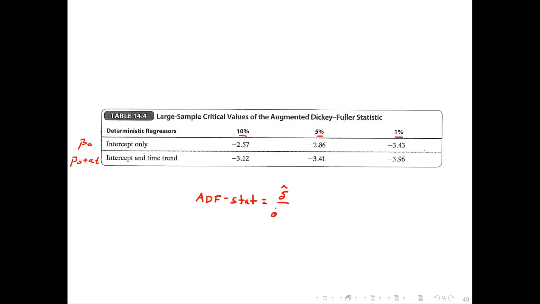So let's see if I can actually write this correctly. Standard error of the sample delta.